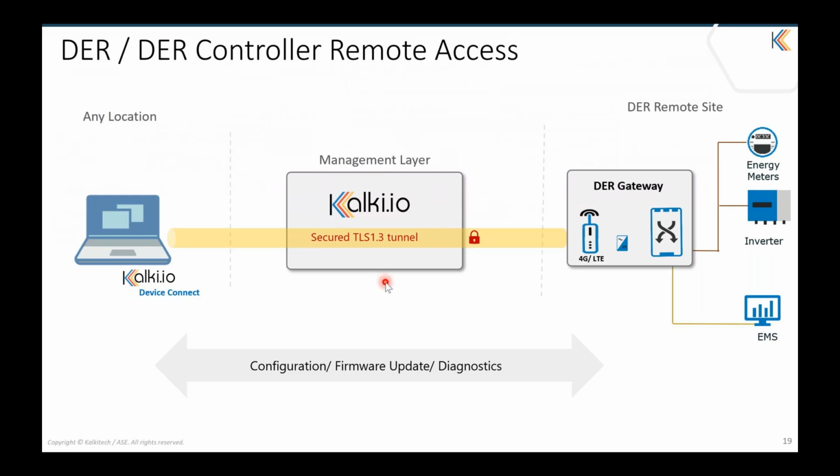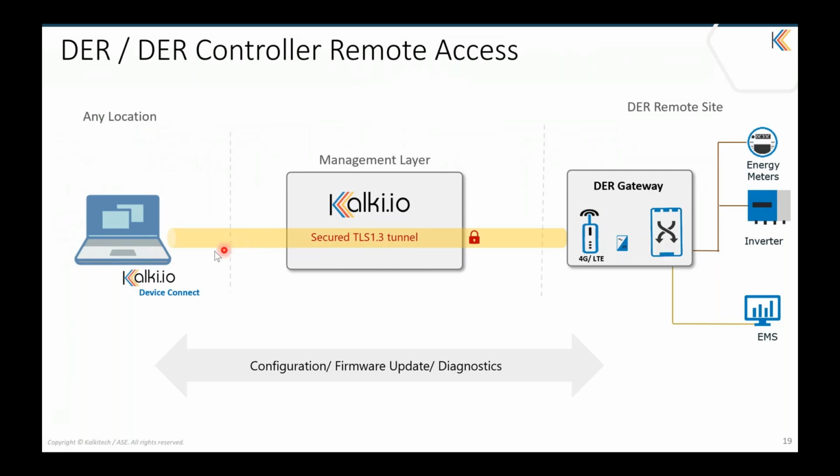So you can provide users permissions to access specific devices behind the gateway, and the user will be provided with a certificate, and from the remote machine he can use the certificate and create an end-to-end tunnel from his engineering workstation with the gateway and to the site.